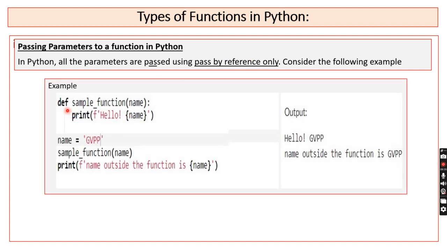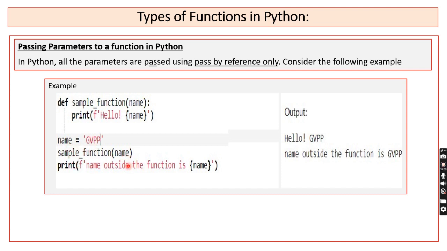In this example, def is a keyword, sample function is the name of the function. Then in the parameter, we are using name. Name is the parameter. Next, print hello name. Here we are initializing the name value, that is name equal to GVPP.